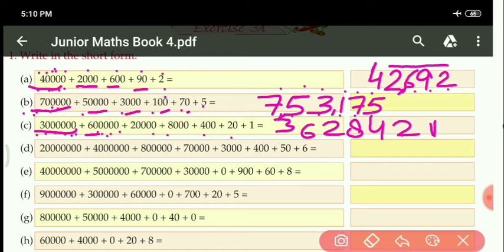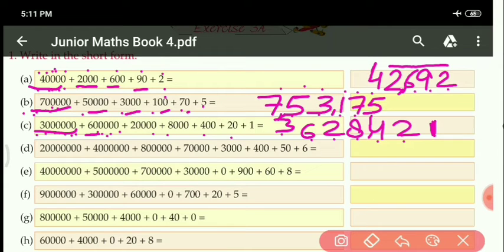From right side also you can check here. Ones place is 1, tens place is 2, 100 place is 4, and 1000 place is 8, 10,000 place is 2, then lakh place is 6, and 10 lakh place is 3. Now put the comma also. Ones, tens, 100 after, put comma.